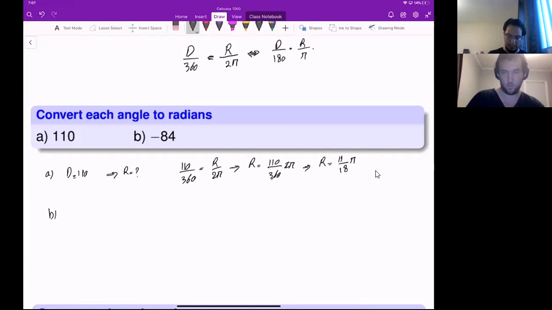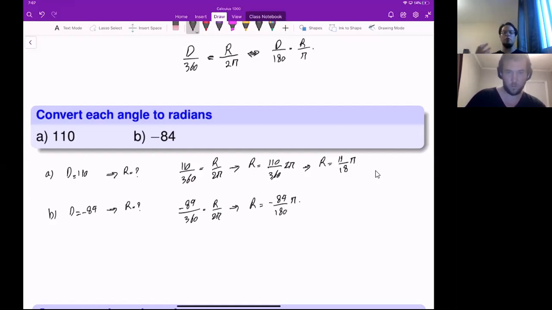For part B, how about that one? d is negative 84, and r is then what? So you right away see what's going on. From there you get minus 84 over 180 pi. You can simplify more, but that's what we need.